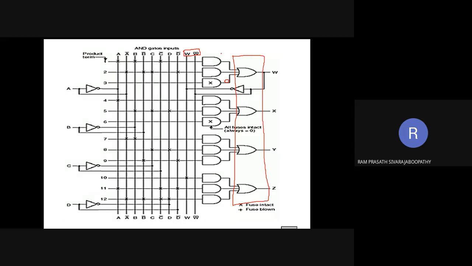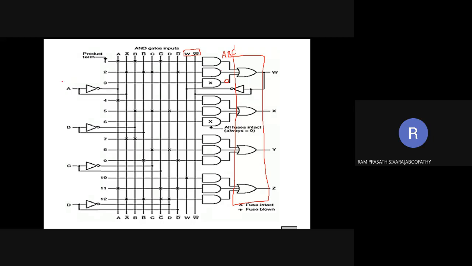Here we will be getting A, B, C bar. So what comes at this place? A bar, B bar, C, D bar. So what is the third term? 0. Fine, that's all.